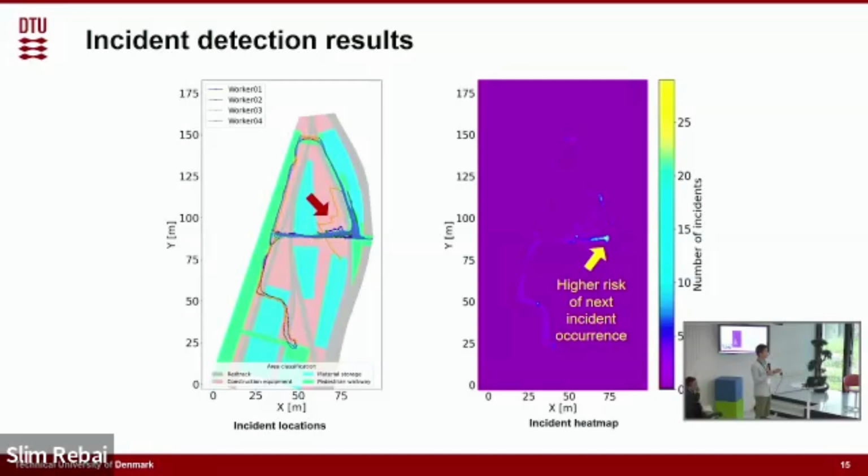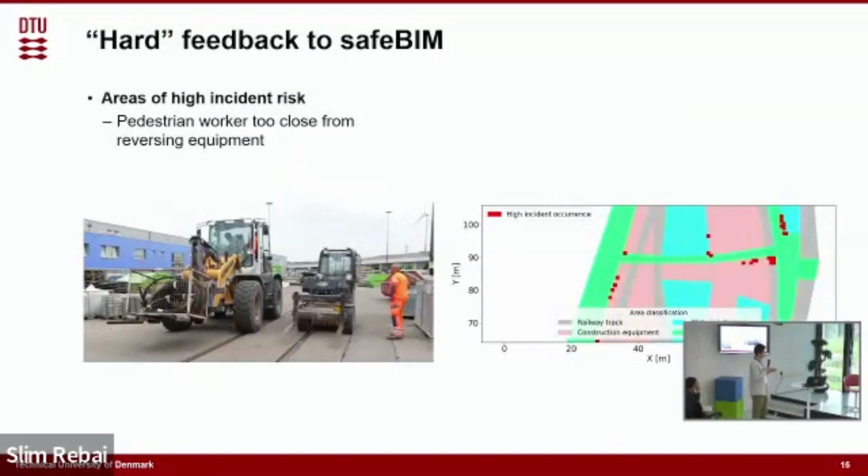They try to take a shortcut, and that's where incidents occurred the most, also indicating a higher risk of the next incident occurrence at that location. And we also have an on-site image to confirm our inference.